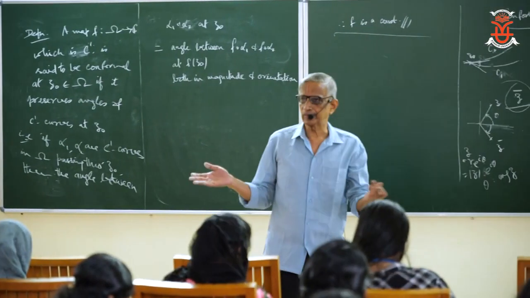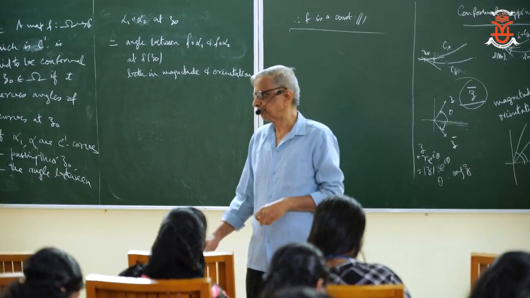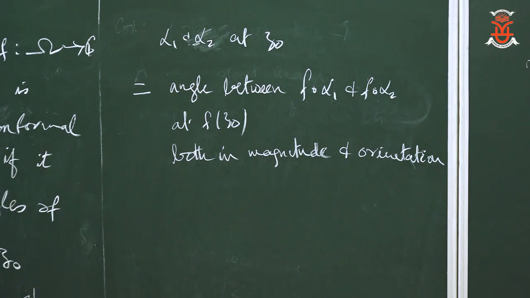Of course, you say that f is conformal in omega if it is conformal at every point of omega. So by definition, the angle between two curves is the angle between the tangents.